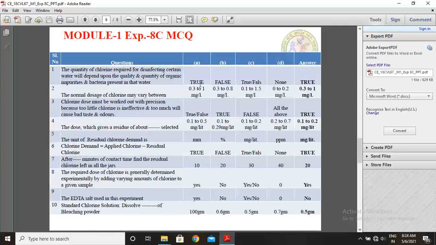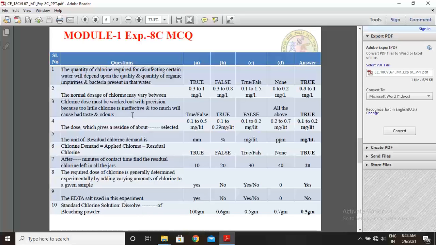Options: true, false, none. Correct answer is true. The normal dose of chlorine may vary between 0.3 to 1 milligram per liter, 0.3 to 0.8 milligram per liter, 0.1 to 1.5 milligram per liter, or 0 to 0.2 milligram per liter. Correct answer is 0.3 to 1 milligram per liter.